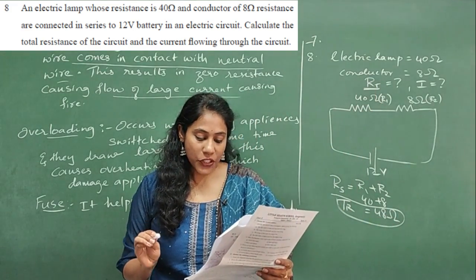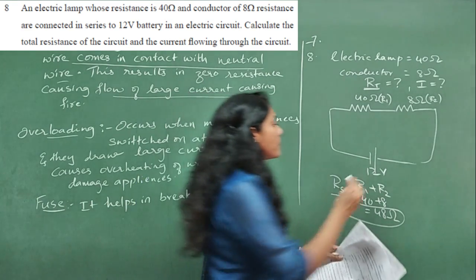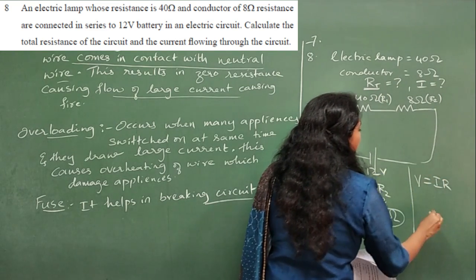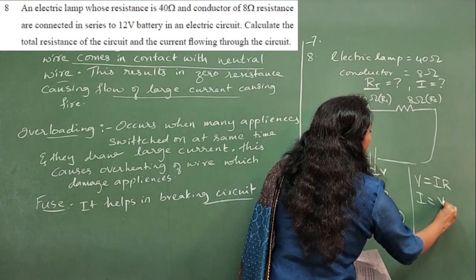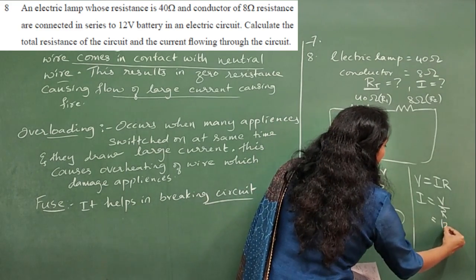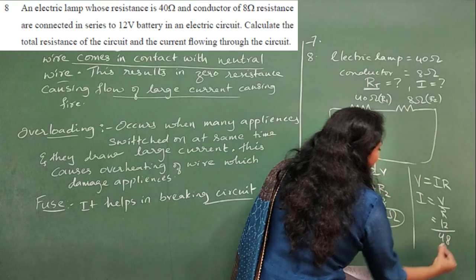And they also asked you to calculate the current, right? According to Ohm's law, we have the formula V is equal to IR. So I is equal to V by R. What is V here? Volt, that is 12. 12 divided by resistance 48, right?